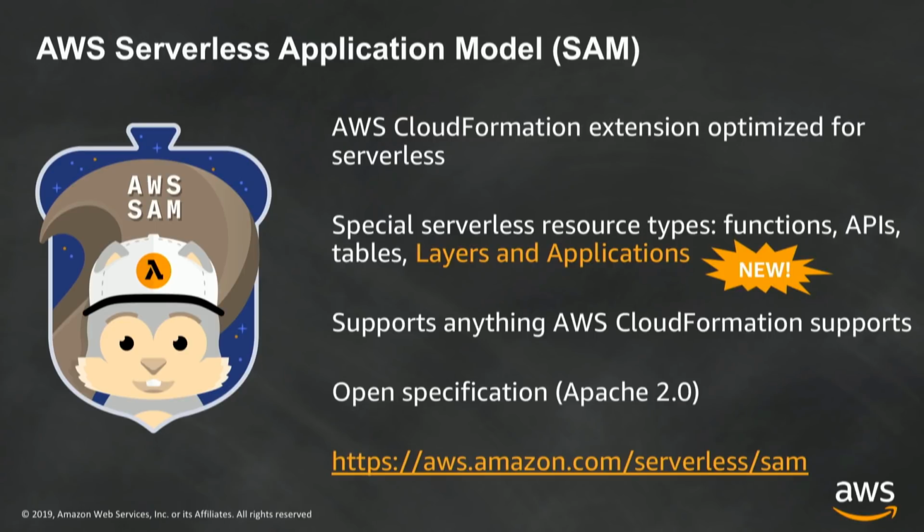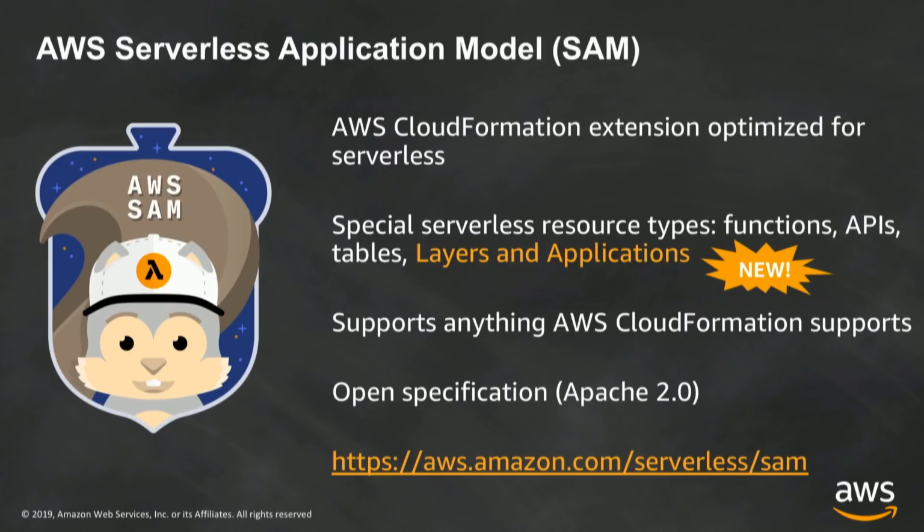So what SAM is, it is built on top of another service that we have here at AWS called AWS CloudFormation. CloudFormation is a service that provides a template-driven way or document-based driven way for provisioning, managing, updating your infrastructure. And so you have a text document, it represents the resources inside of your infrastructure, and then you pass it to the service, and it goes and provisions those and manages those for you.